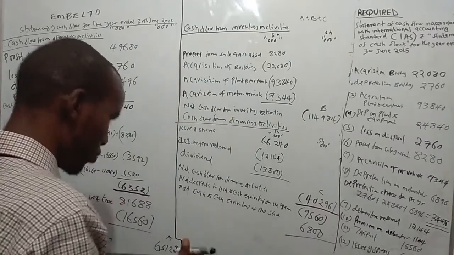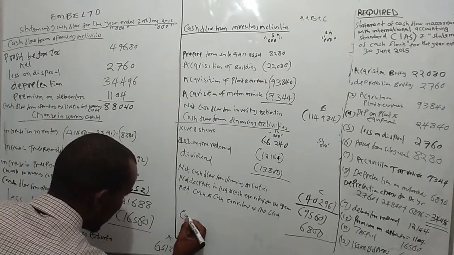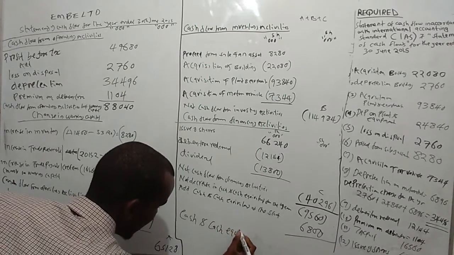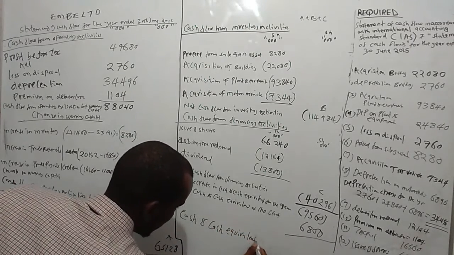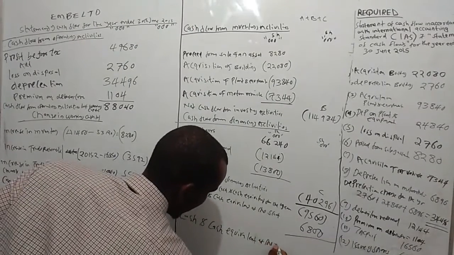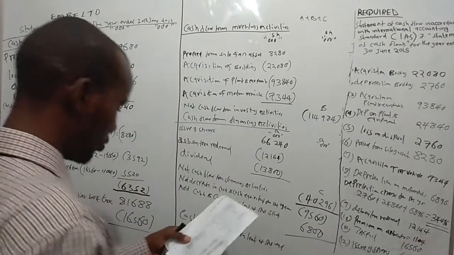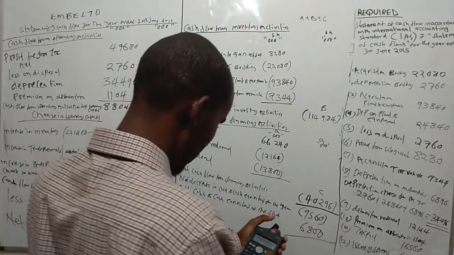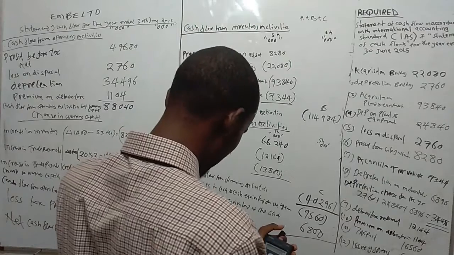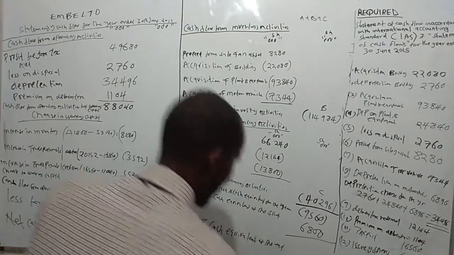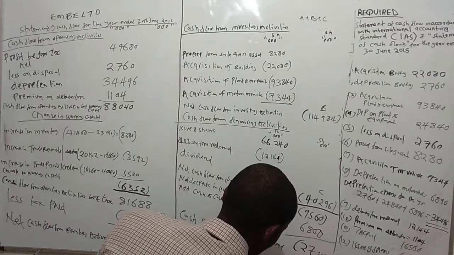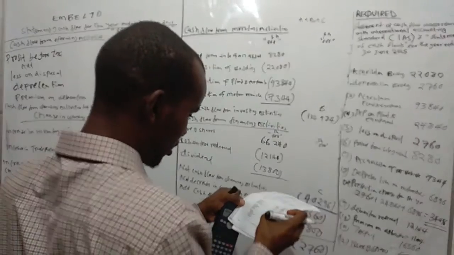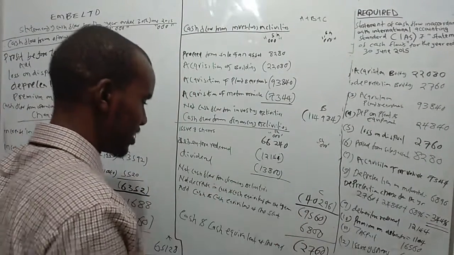Then the difference will give us cash and cash equivalent at the end, which is negative 2,760. Let's confirm. If I take minus 9,560 add to 6,800, I'm getting minus 2,760, which is equal to the amount given in the question, 2,760.